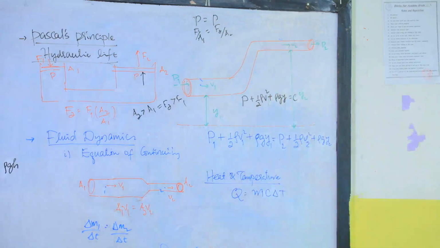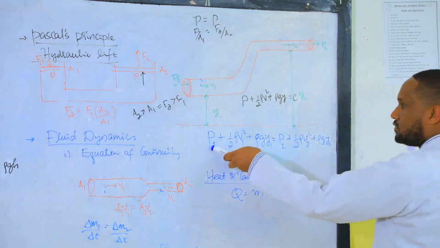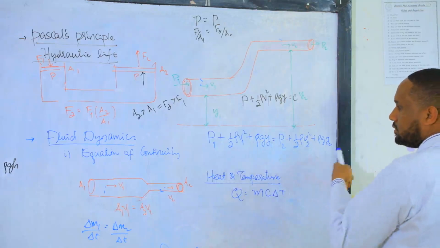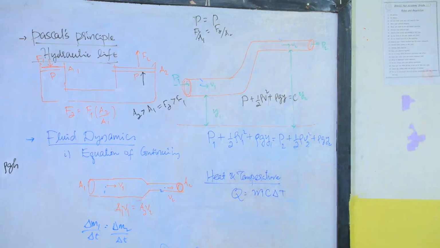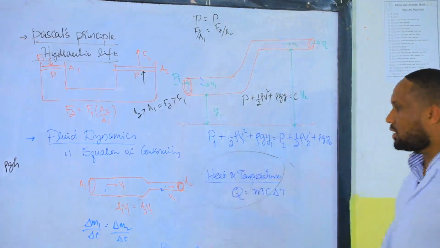So from that, P1 is the work done due to the pressure, then kinetic energy, then potential energy, and the total energy is always constant. So this is basically what Bernoulli's principle states, okay?